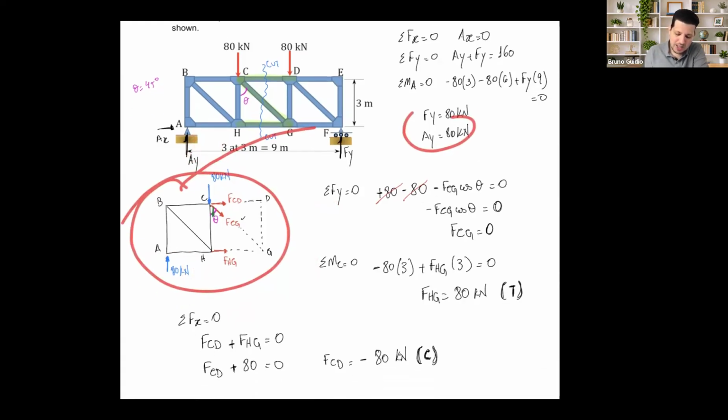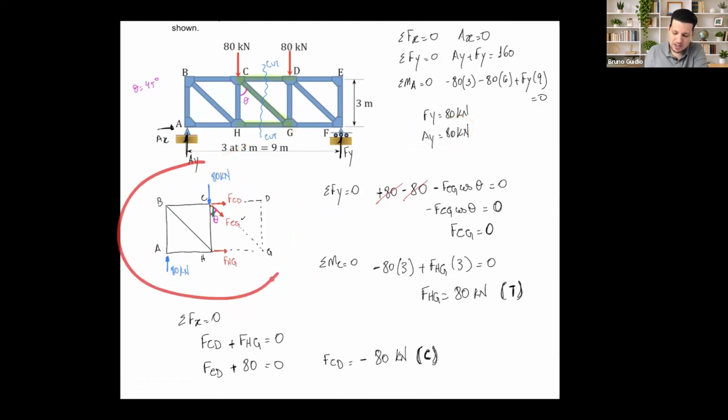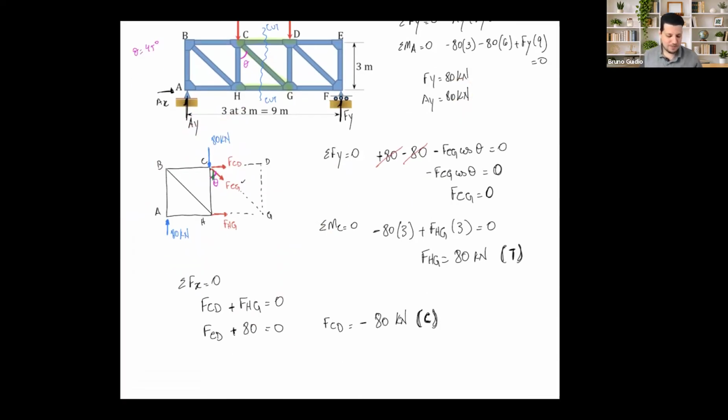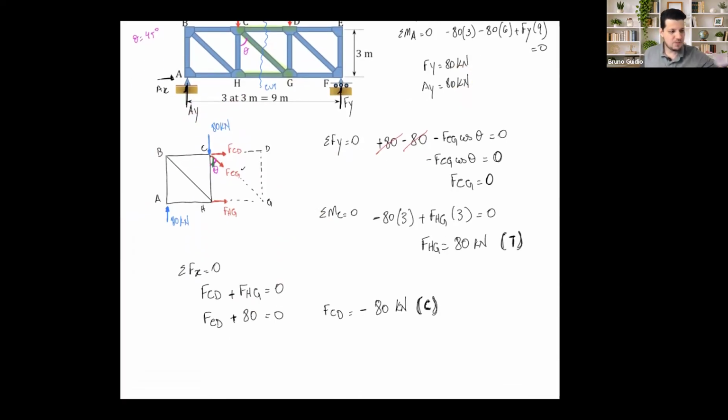But once I create this free body diagram for my section, I'm going to just refer to it every single time. At least I think it's easier. Just a tip for you. Any questions?